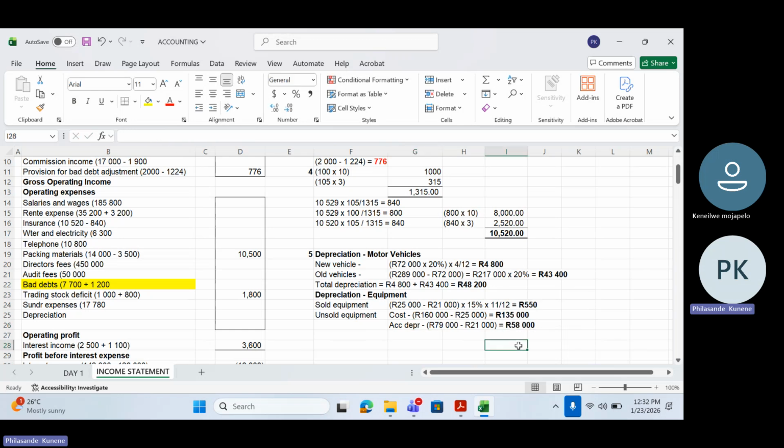Okay, so now we have the cost after removing the asset sold. We have the accumulated depreciation after removing the asset sold. Can we not calculate depreciation now? Yeah, now you can calculate it. Exactly. Now I can say, so how am I going to calculate it here?